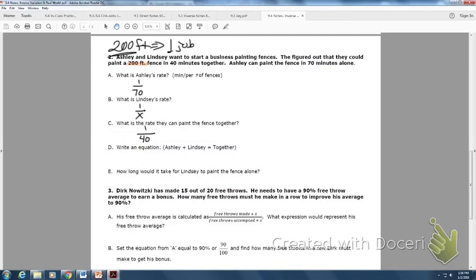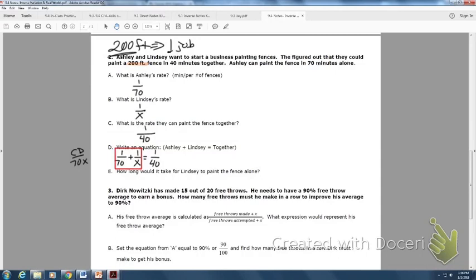So we'll write the equation. We've got Ashley's rate plus Lindsay's rate equals 1 over together. So again, I'm going to look at the 2 fractions that I'm adding together, and the common denominator between those 2 is going to be 70x.